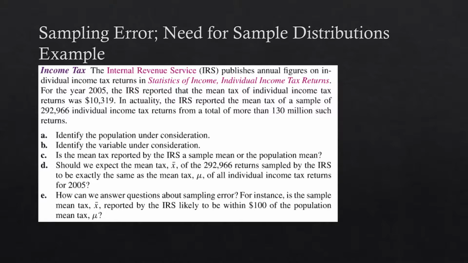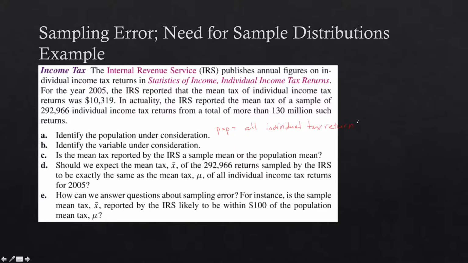So first of all, let's identify the population under consideration. What are we looking at? The population here just happens to be all those who filed individual income tax returns, all individual tax returns.